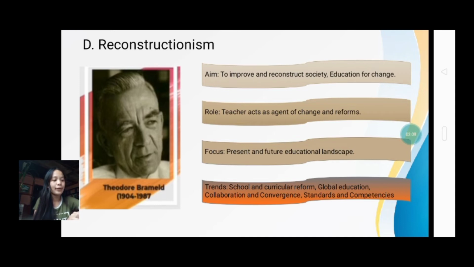If you can see the difference between reconstructionism and the previous one, progressivism, the teacher still plays a vital role in conducting change in the educational project. The focus is the present and future educational landscape, and the trend is school and curricular reform, global education, collaboration, and convergence of standards and competencies.